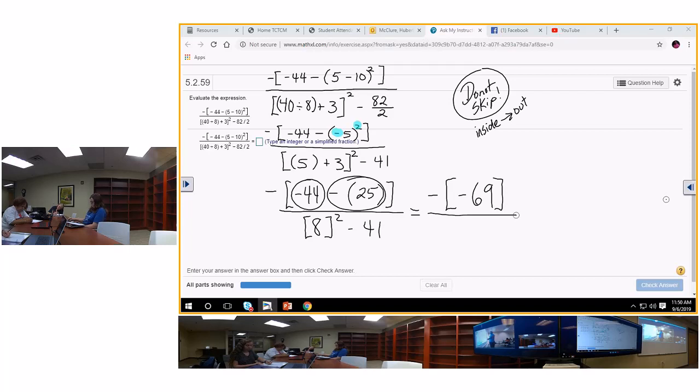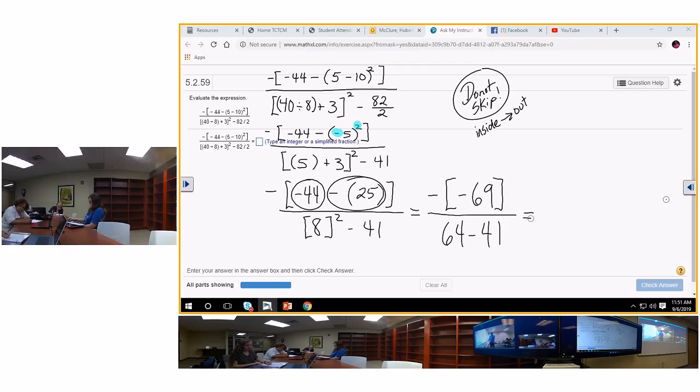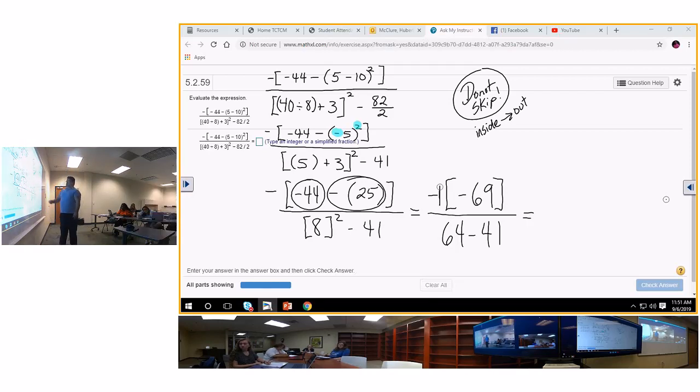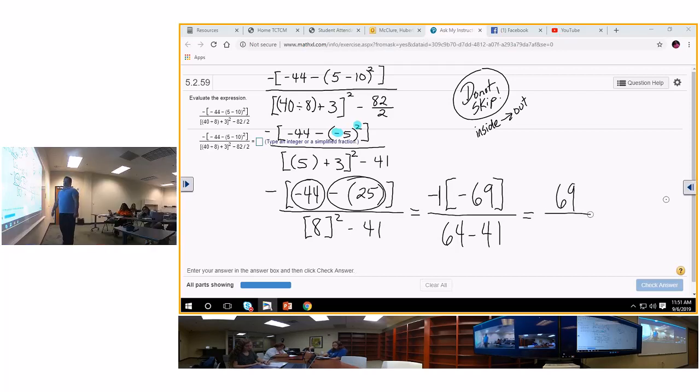And what's 8 squared? 64. Now what's outside this bracket? A negative 1, right? What's negative 1 times negative 69? Positive 69. And what is 64 minus 41? I get 23.